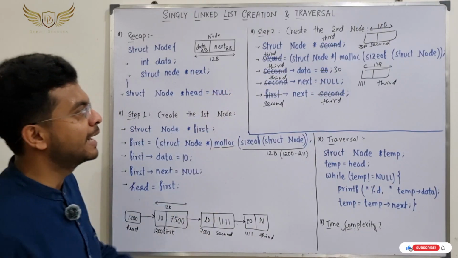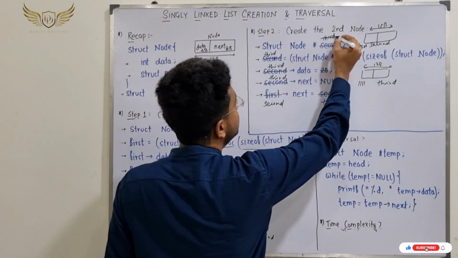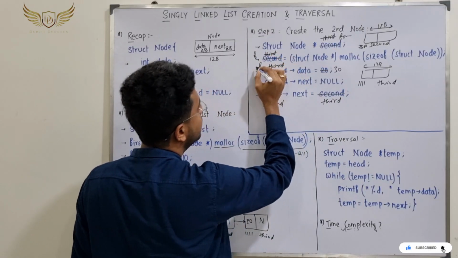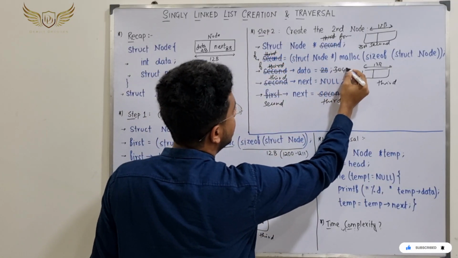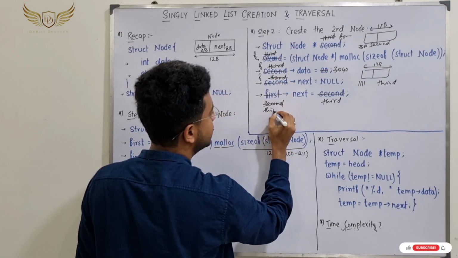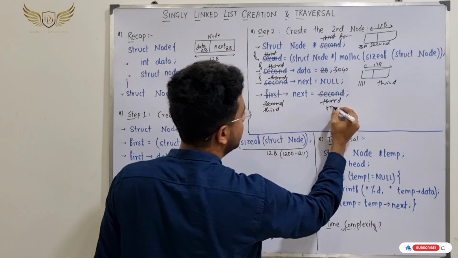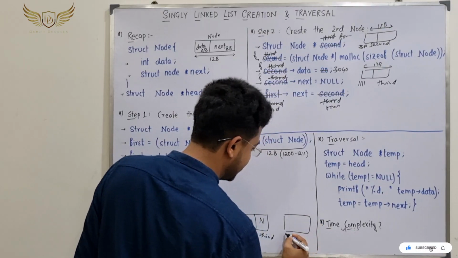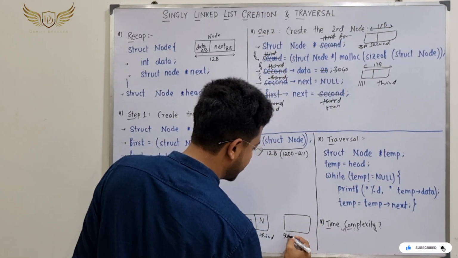Similarly, if you want to create another node, what do you need to do? Just do fourth. Again here fourth. It would be say 40, and again fourth. And this would be third arrow next equals fourth. Suppose the fourth one is here, at memory location say 5000.